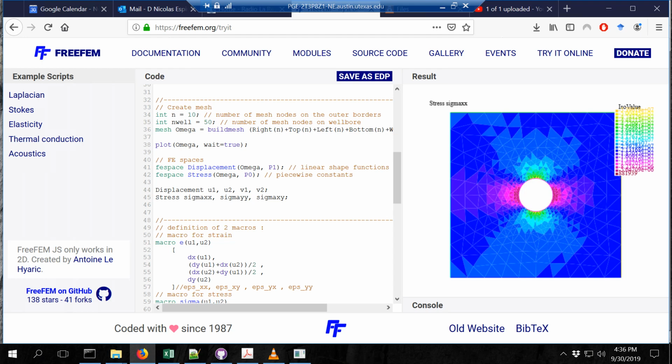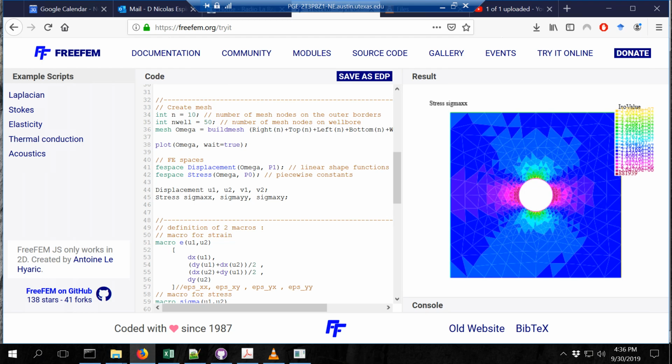You should be careful when you make your mesh that the triangles look like triangles, with the sides more or less the same length. Otherwise, if one of your sides is too small, that's going to lead to some numerical errors, okay?